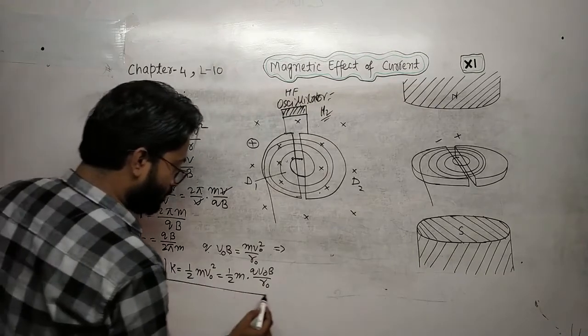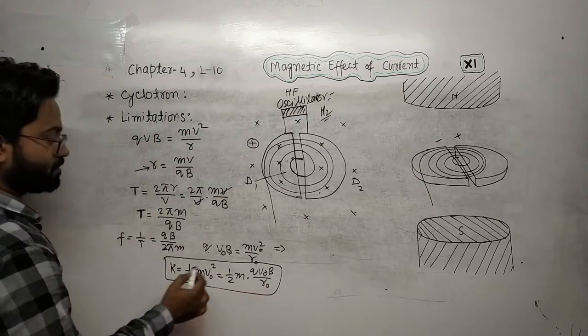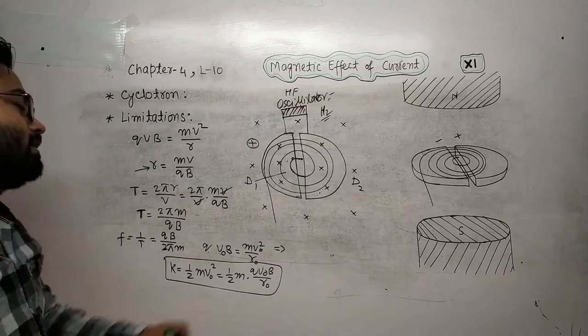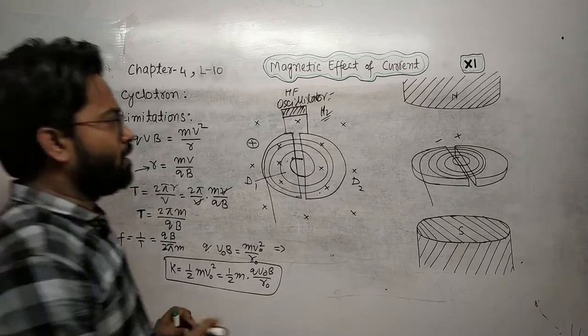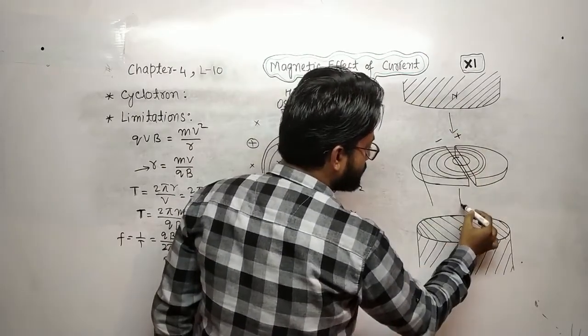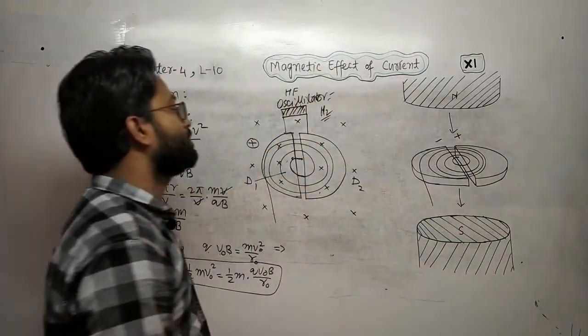Okay, hope you are getting it. And this is the maximum kinetic energy of the charged particle. This is the direction of the magnetic field.